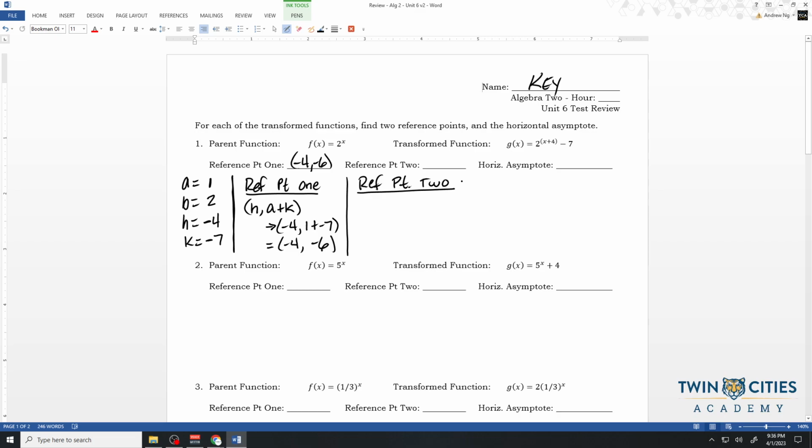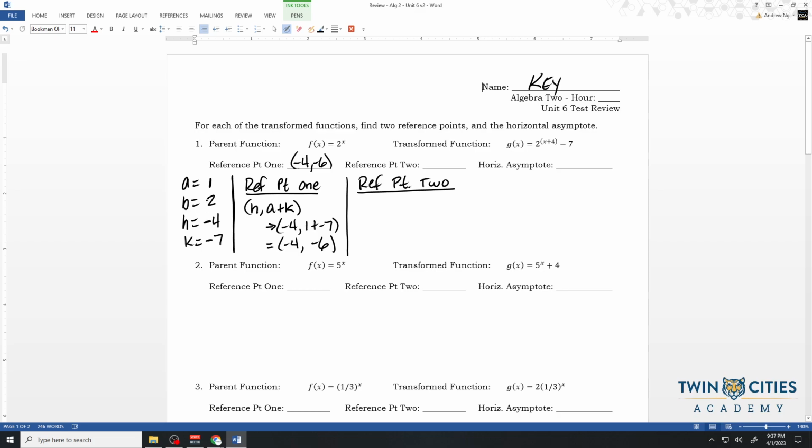What you use for reference point 2 will be based on whether the function is exponential growth or exponential decay. Take a look at b. If the absolute value of b is greater than 1, then this is growth. If, however, b is between 0 and 1, so if it's less than 1, then this is going to be decay.